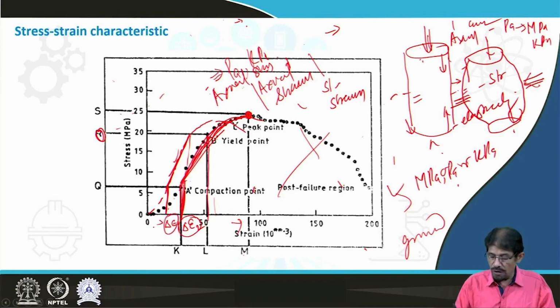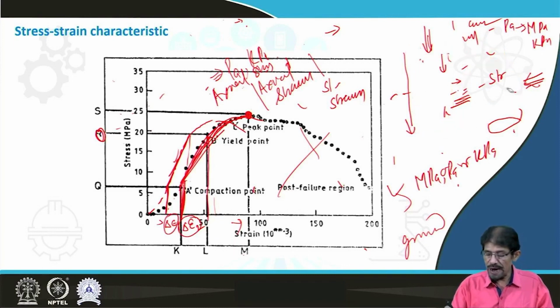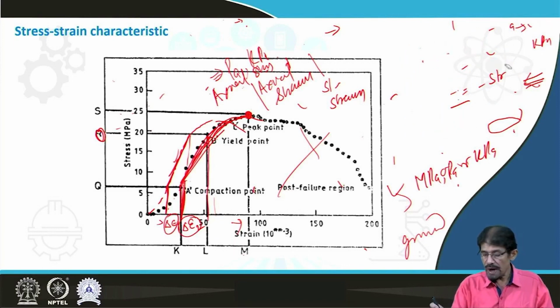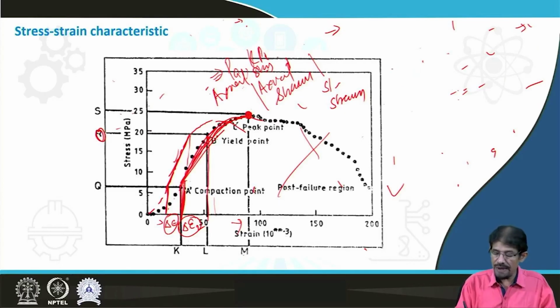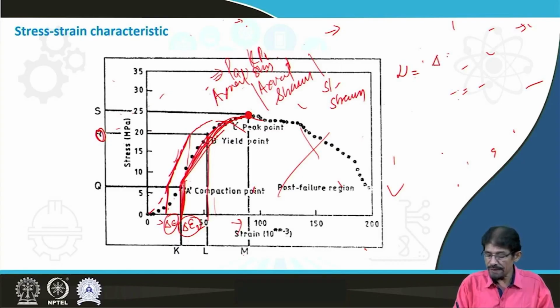if we look at this psi 1 and psi 2 and follow the concept proposed by Poisson, then we can say that this Poisson's ratio nu is equal to the ratio of this lateral strain, delta psi 1, and this delta psi 2.